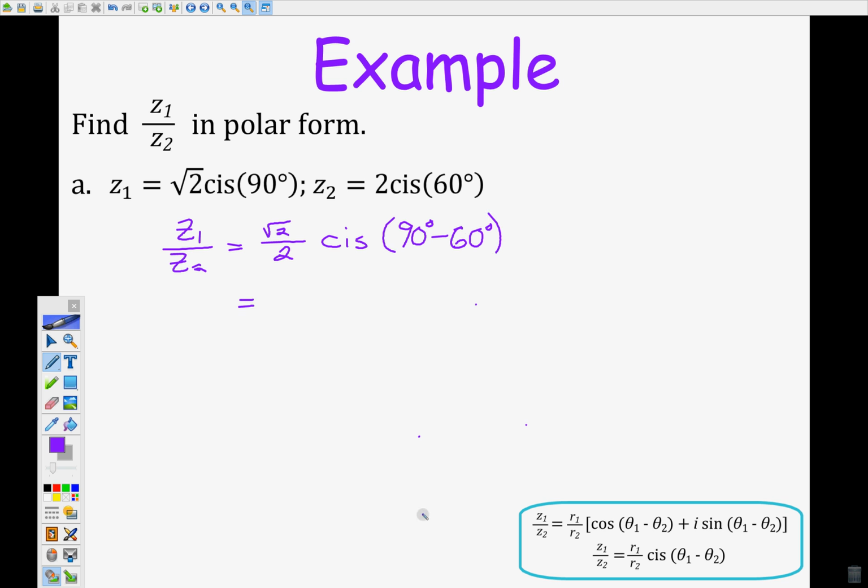So my final answer should be the square root of 2 over 2 cis of 30 degrees. And that's it.